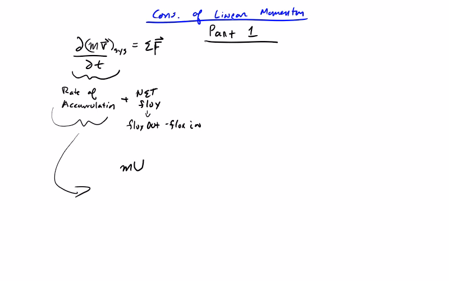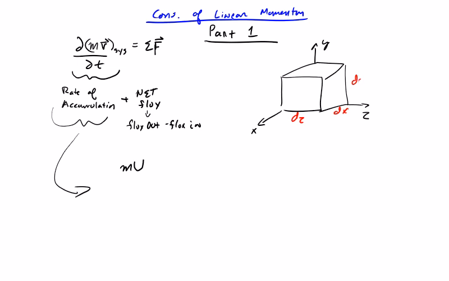So the momentum, if we had some control volume, I'll draw it over here. Here's x, z, and y, and again we have dz, dx, dy. Then the mass of that control volume is rho times dx, dz, dy, and then times u to get our momentum. If we're talking about the rate of accumulation, we're thinking about that in terms of d dt.